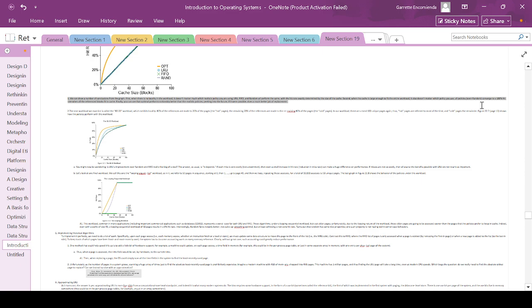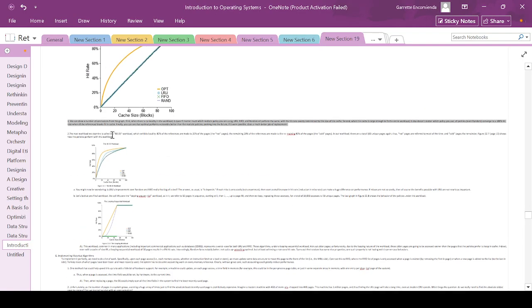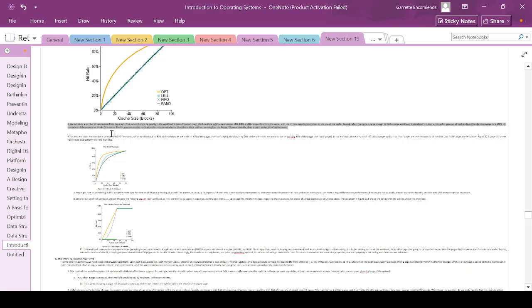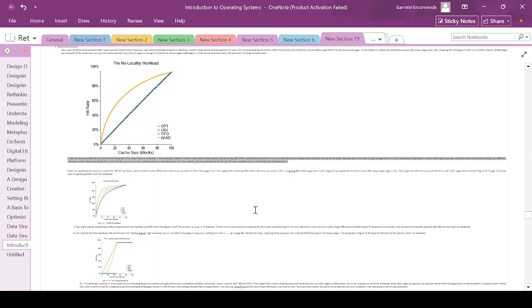All policies, even random, converge to 100% hit rate where all the referenced blocks fit in cache. Finally, you can see that optimal performs noticeably better than realistic policies. Peeking into the future, if it were possible, does a much better job of replacement.